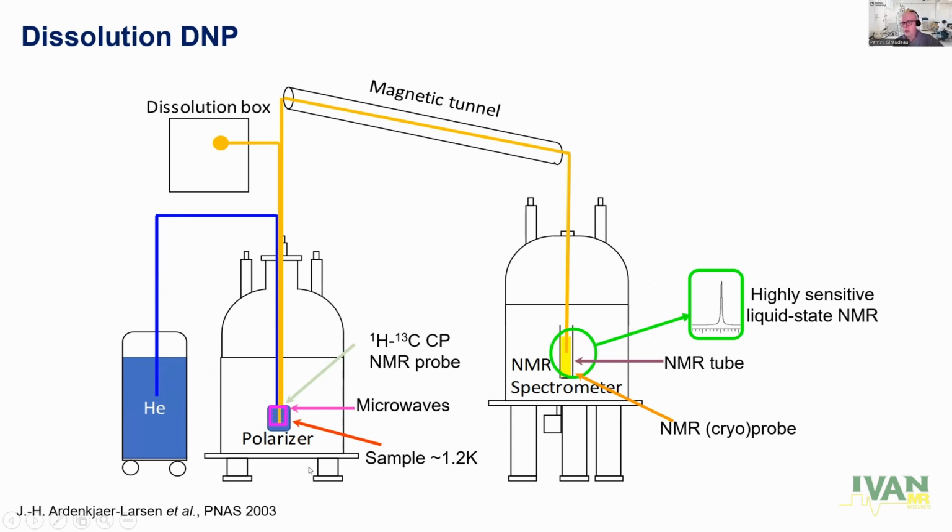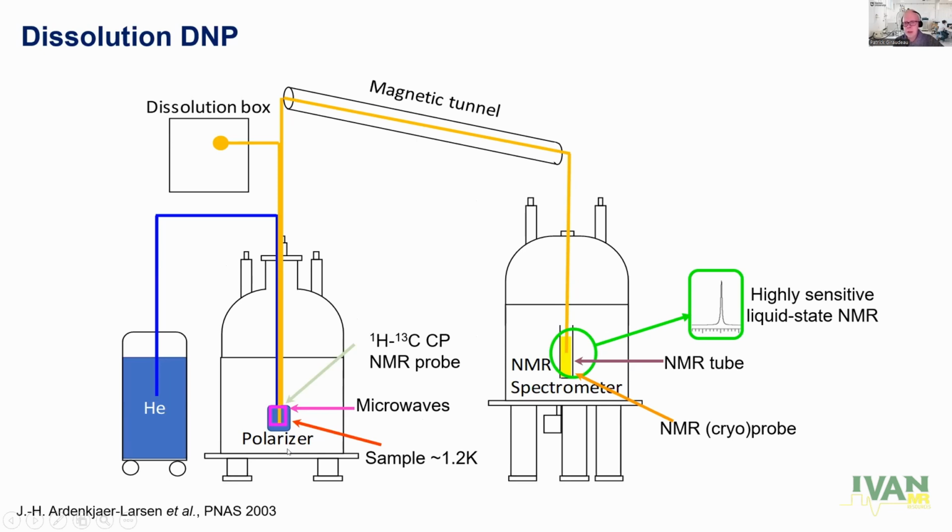Of course, unpaired electrons have been added into the sample, and the sample is irradiated by microwaves. And these microwaves can help to transfer the polarization from electrons to nuclei. This can be further improved by cross-polarization between nuclei, but I will not go too much into these details today. And in a few tens of minutes, you can reach a hyperpolarized sample, which is solid.